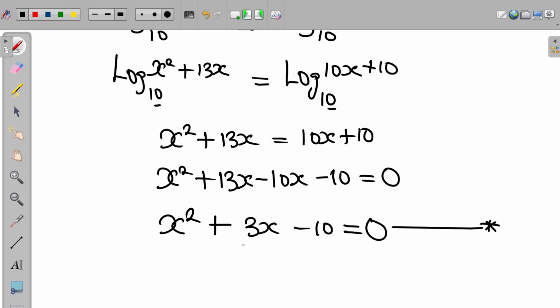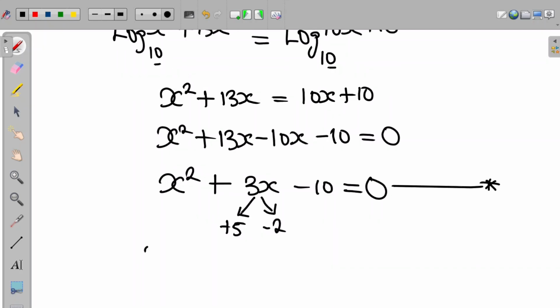Now we will be solving the equation using the factorization method. So we look for two integers whereby their sum is equal to plus 3 and their product is equal to minus 10. So the two integers are plus 5 and minus 2. Thus, the equation becomes x² + 5x - 2x - 10 is equal to 0.